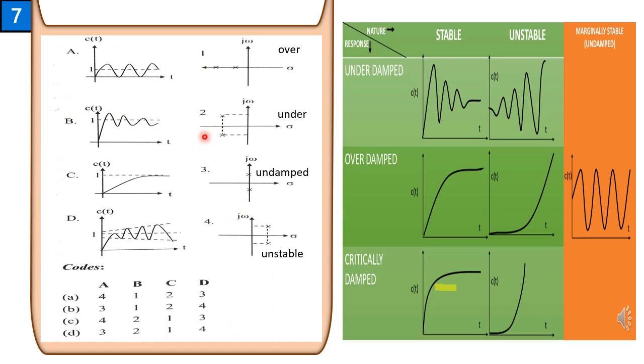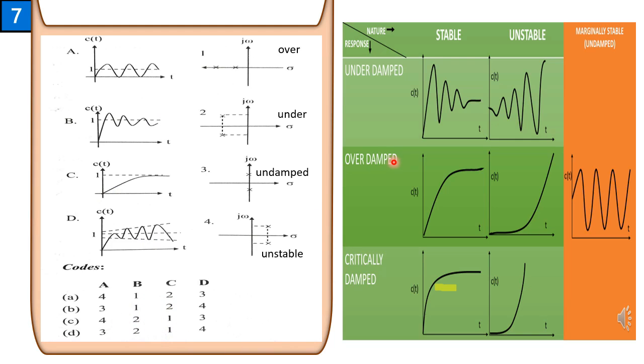So B will be 2, B2. Either C or D will be correct. And for overdamped, the response will look like this. So over is this and the respective response is this. So C will be 1, C1, again either C or D.